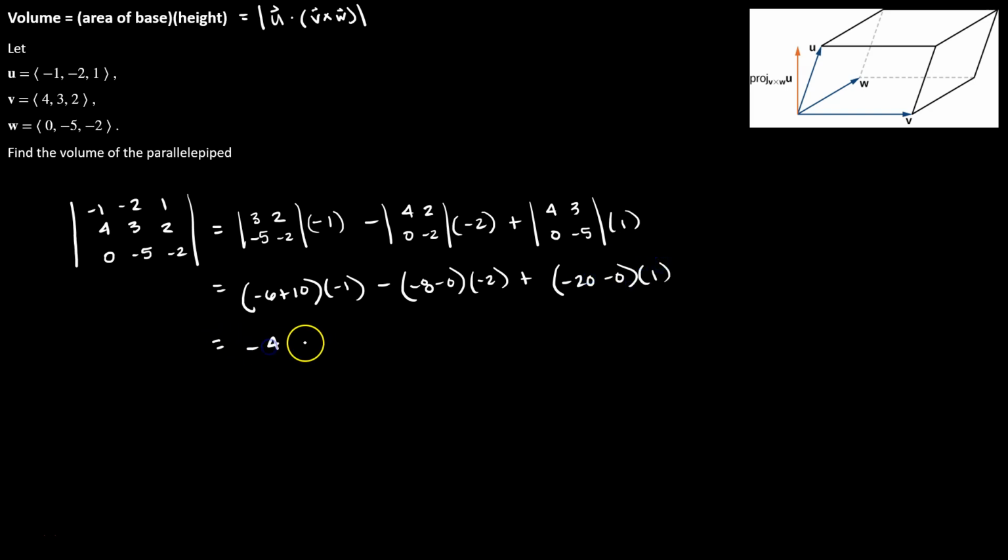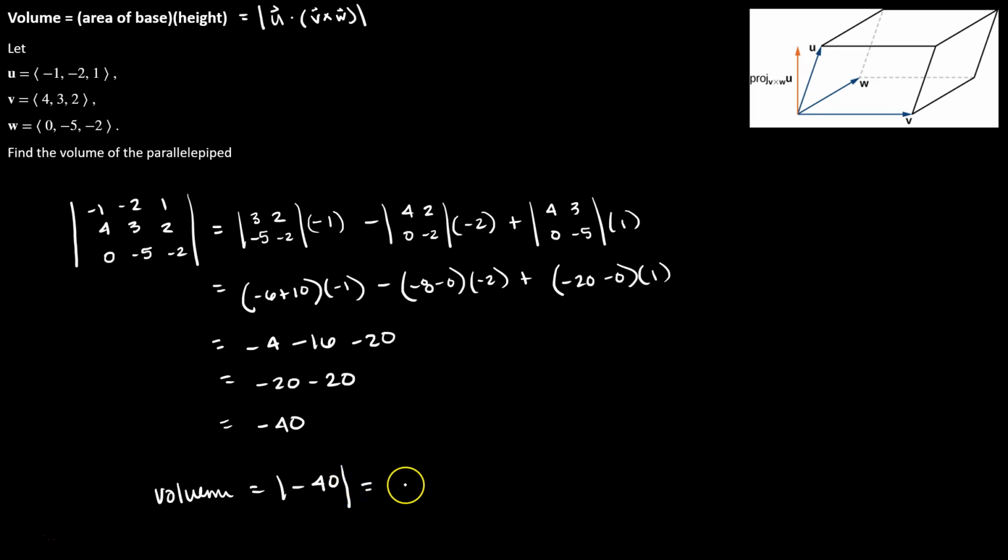Simplifying. -4 with -16 is -20. And then we have -20. So the 3x3 matrix determinant gave us a negative number, but remember we want to interpret this as volume. So we'll take the absolute value of that. So the volume of this parallelepiped is 40 cubic units.